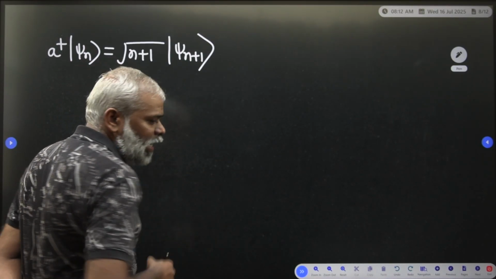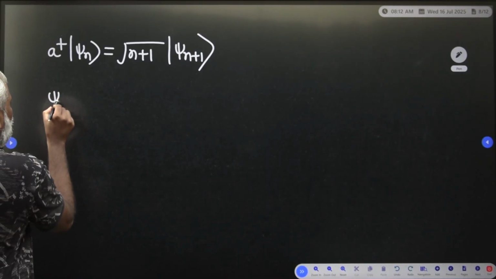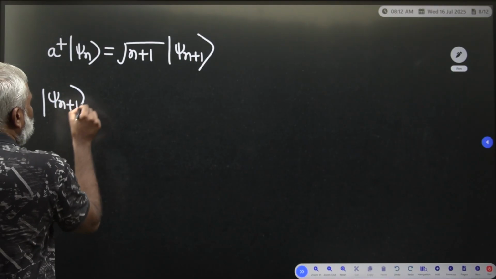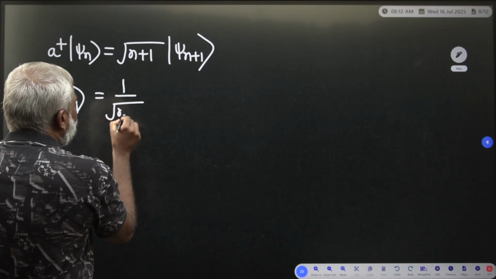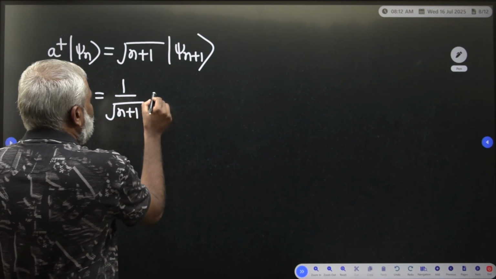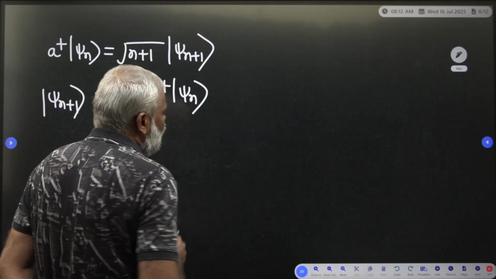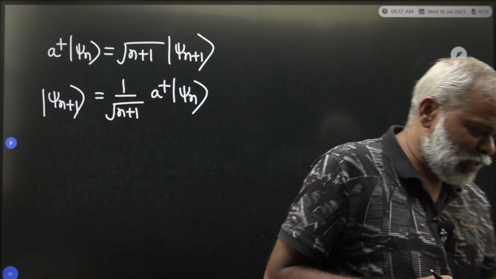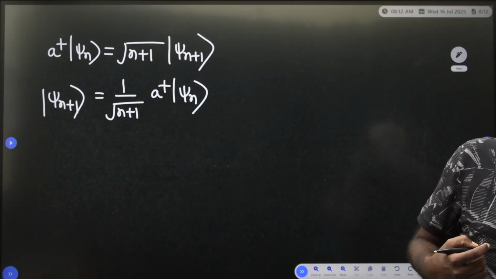So, ket psi n plus 1 is equal to 1 by square root of n plus 1 into a dagger into ket psi n. Clear, so that is the value we are going to take.